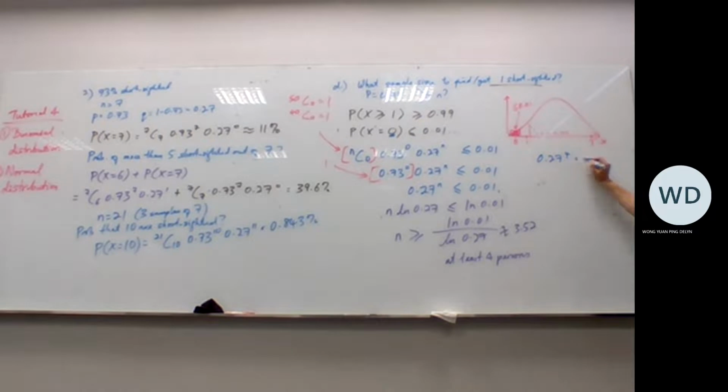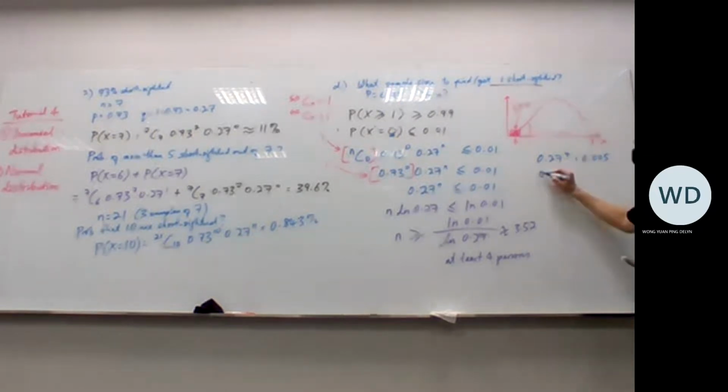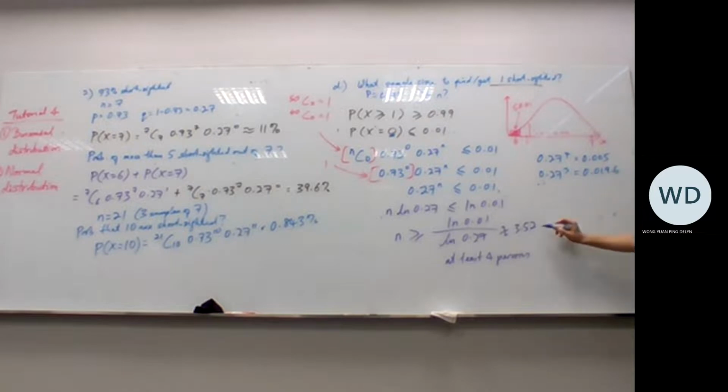Calculator, 0.27 to the power of 4. 0.005. Okay, doesn't matter. 0.27 to the power of 3. Correct. So this number is actually in between here, because that is the only one that matters at the end of the day.